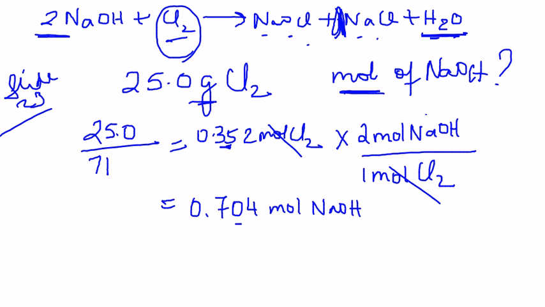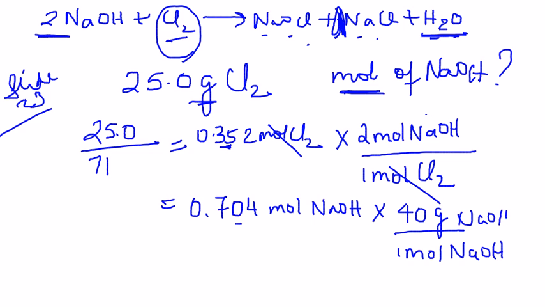And the last step will be to convert the moles into the grams, and so for that you'll need to multiply it by the molar mass of sodium hydroxide, and that's what I'm doing in the last step. The moles and mole cancel off, and you're going to be left with approximately 28 grams. I think it'll come out to be 28.16.